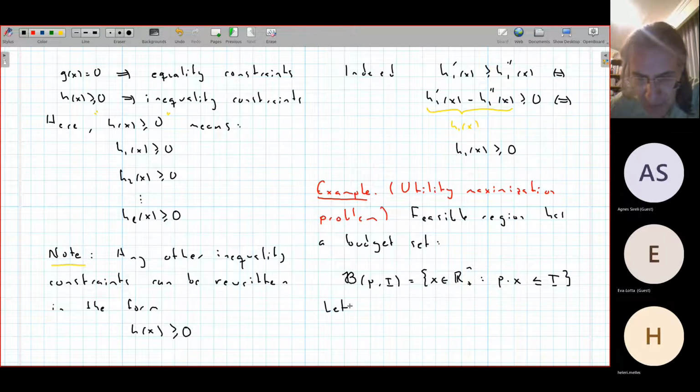So we are going to consider n+1 constraints.